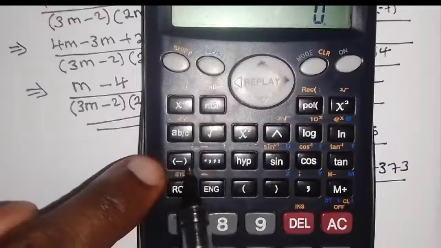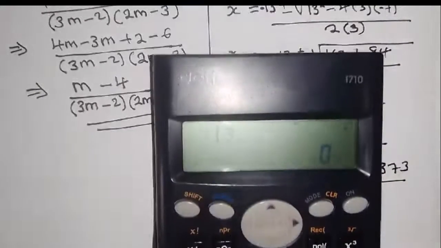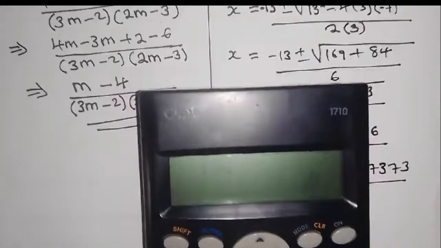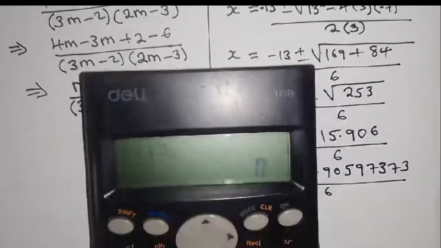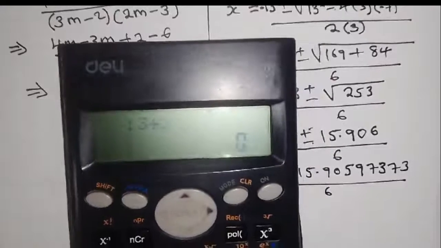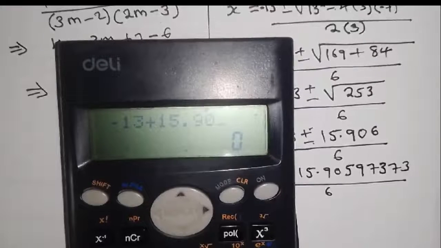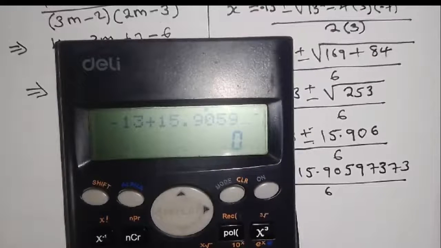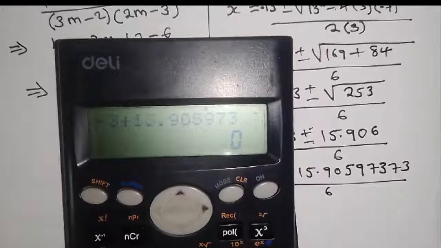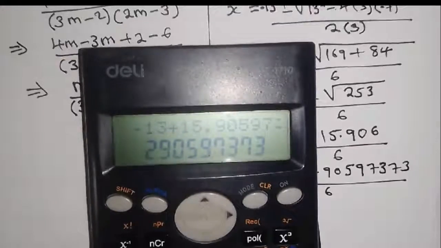This one with a negative in the bracket, okay? So that's the one you should be using. So negative 13 plus 15.9059 5973. So once you punch, you're going to get this number.